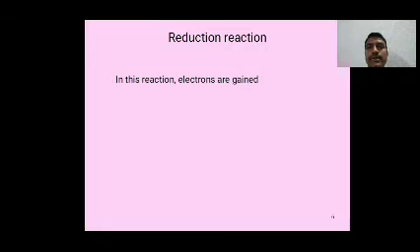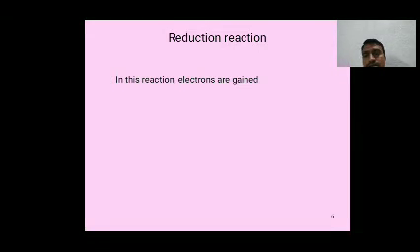Reduction reaction. In this reaction, electrons are gained. The reaction in which an atom, ion or molecule gains electrons is called reduction. Gain of electrons by a substance is called reduction reaction.